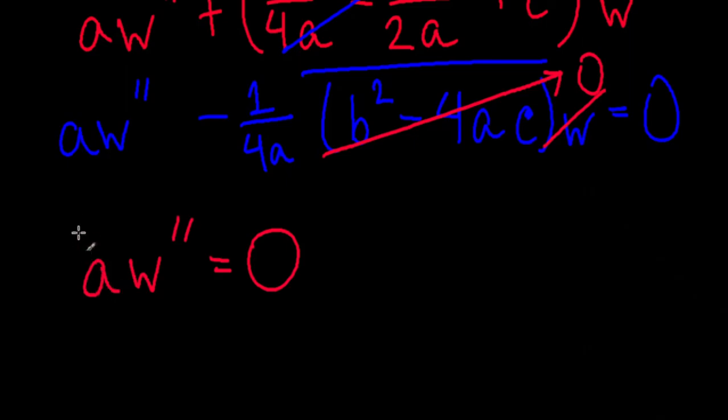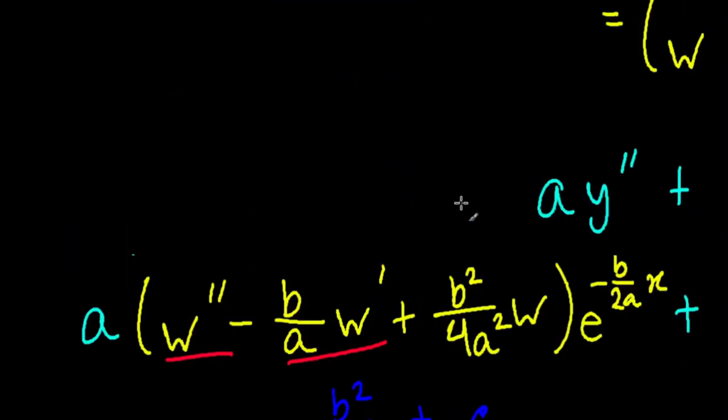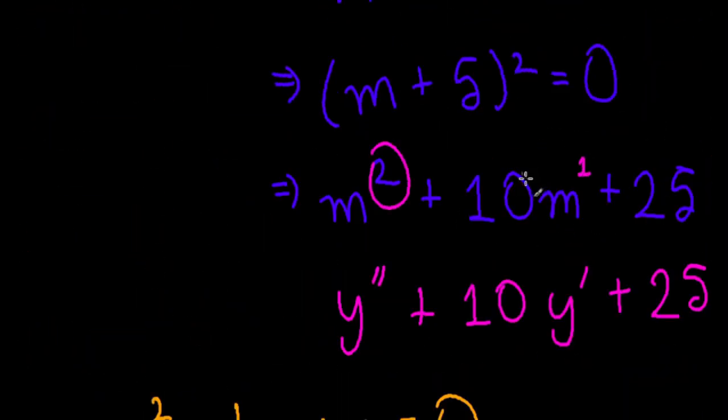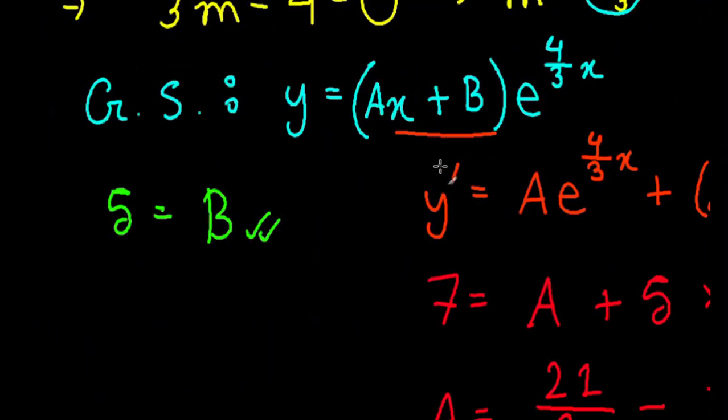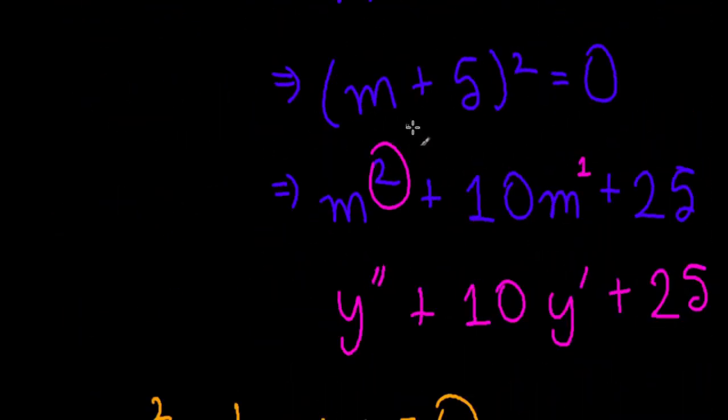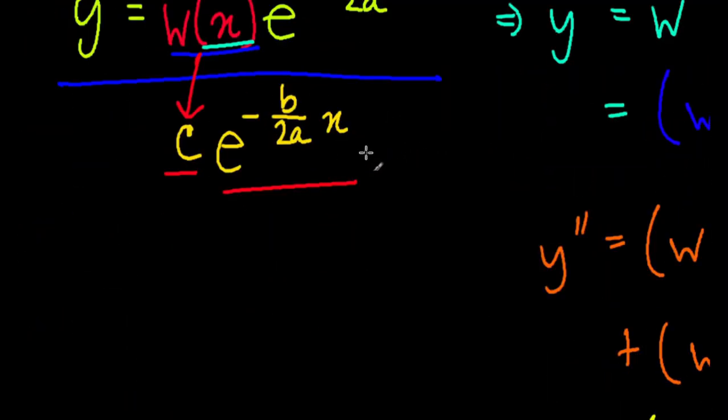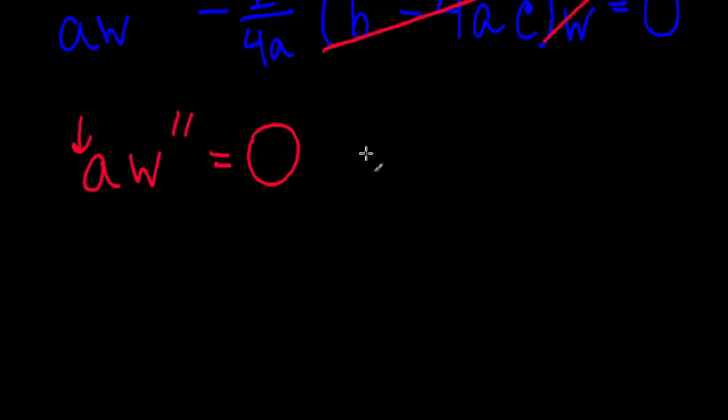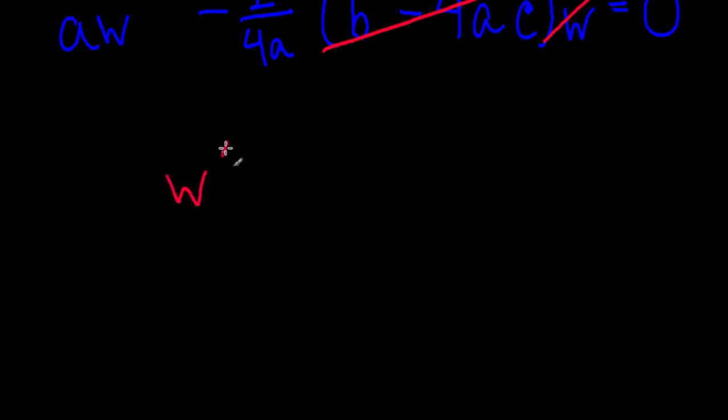This is also important, this is an assumption for the whole second order linear homogeneous differential equations themselves. For them to be second order, a cannot be 0. So obviously we can divide by that. That's no problem. So all that we have left is w double prime is equal to 0.